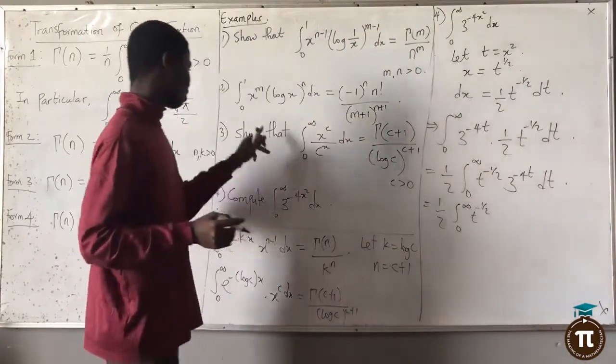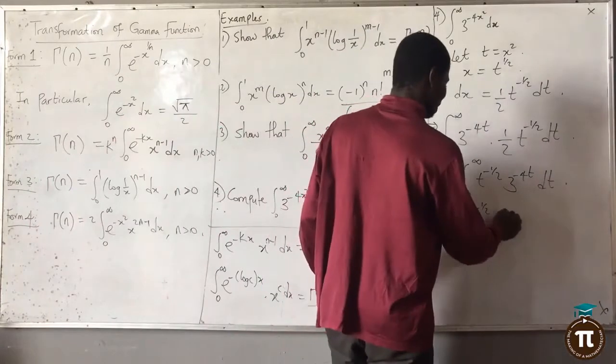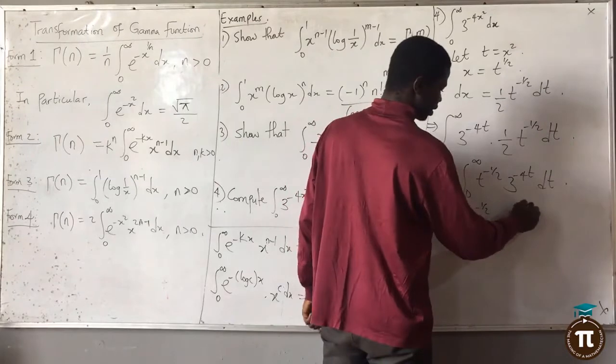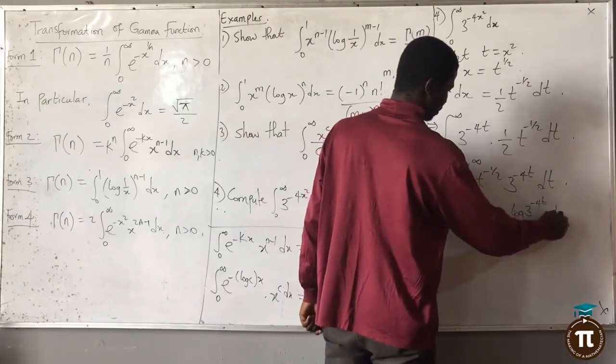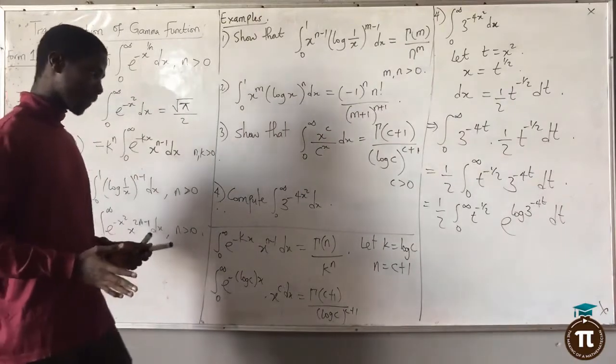What I did for this number 3, I will do the same for this one as well. This is exactly e raised to the power of log of 3 raised to the power of minus 4t, dt rather.